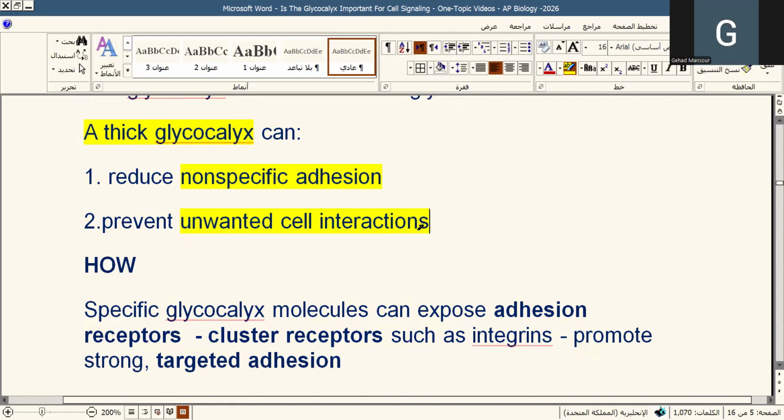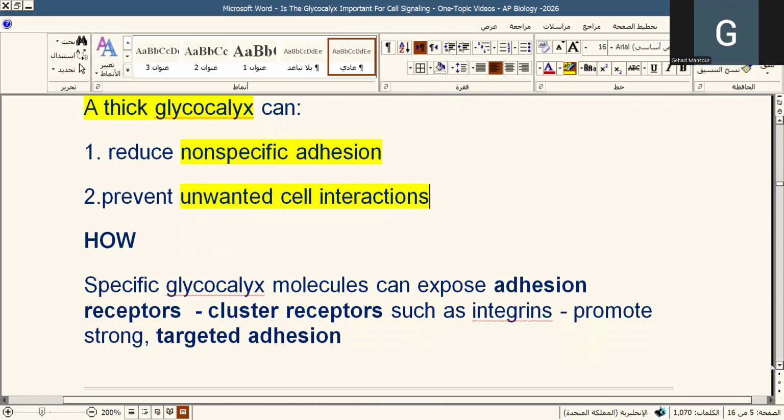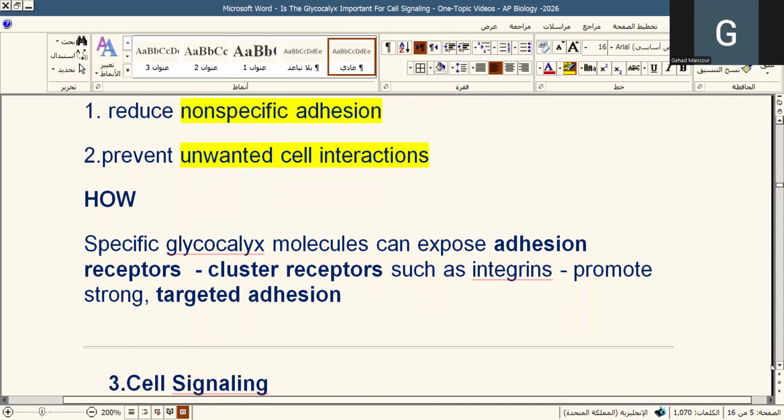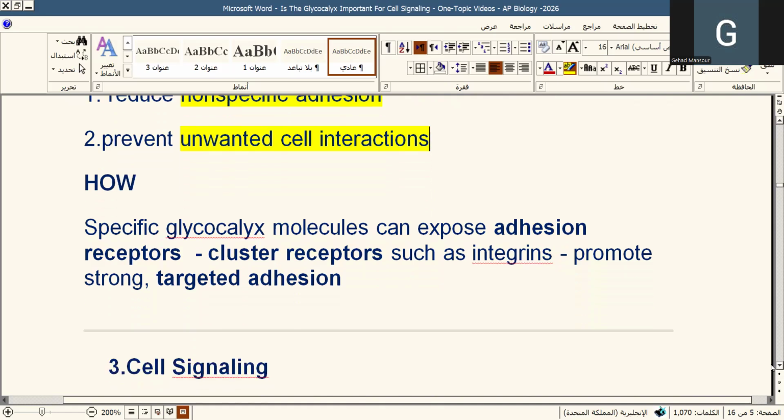In this context, we can understand the function of the glycocalyx as an insulator, just like a plastic insulator around electric cables or electric wires that will prevent short-circuiting or jumping of electrons between the wires. More specifically, how does the thick glycocalyx carry out this function?